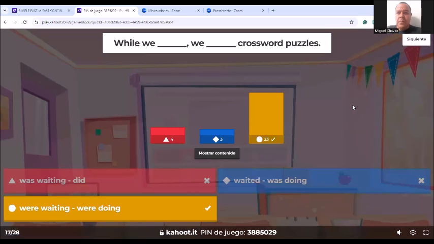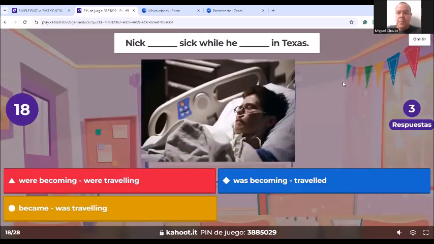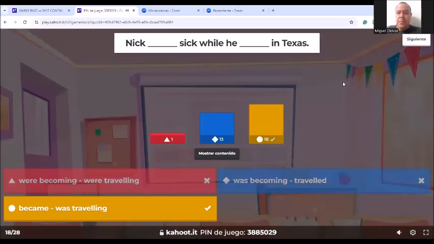While we were waiting, we were doing crossword puzzles. Nick became sick while he was traveling in Texas. You did it very well.